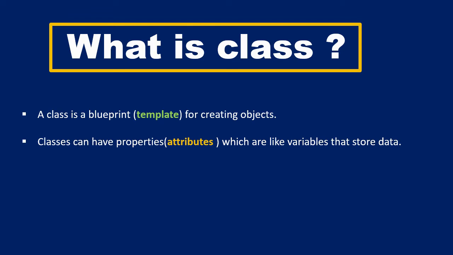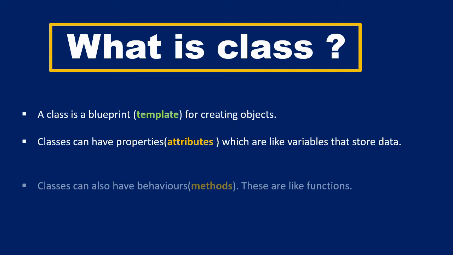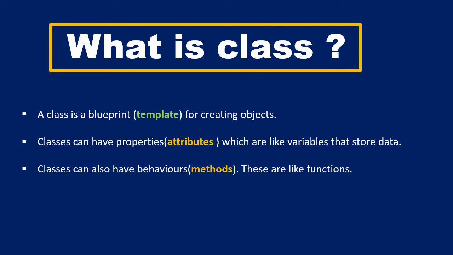Classes can also have behaviors. Behaviors are basically functions or methods that do something in your program. Functions inside a class are referred to as methods. You can create as many unique objects from a single class.